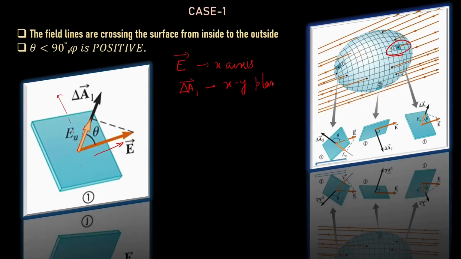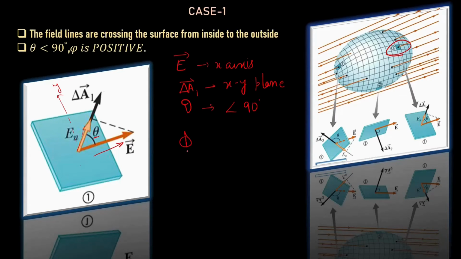You have to keep this in mind: the direction of the area vector will be somewhere in the xy plane. Although the angle is not known, let us suppose theta is the angle that the electric field vector and the area vector make with each other. So theta is the angle between the electric field and the area vector. This time theta will be less than 90 degrees.